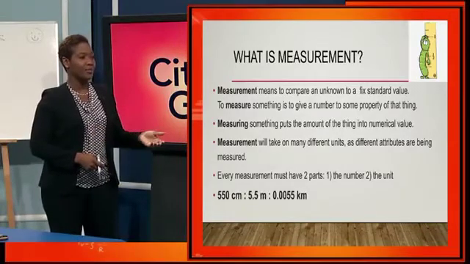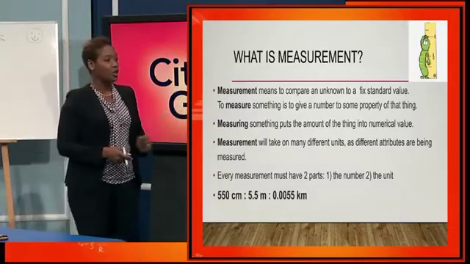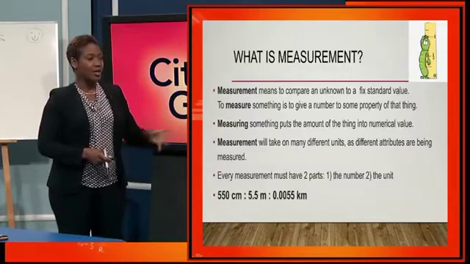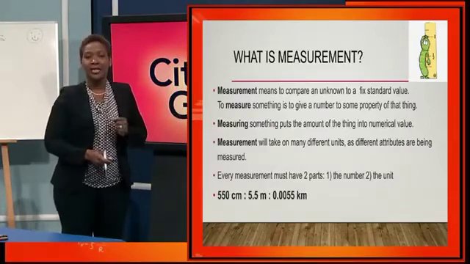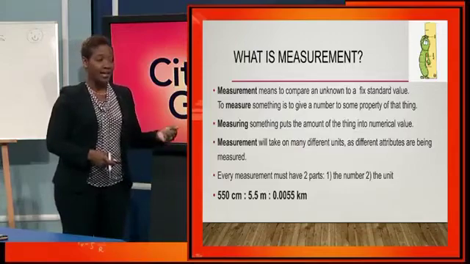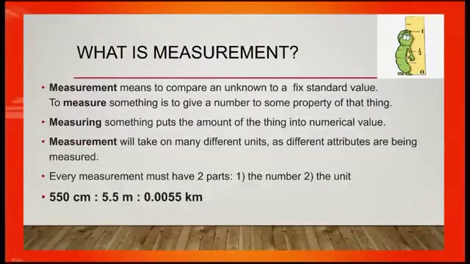All right, so we have some examples here. 550 centimeters. So the numerical part, which is 550, and it is being measured in centimeters. And that can also be 5.5 meters or 0.0055 kilometers.